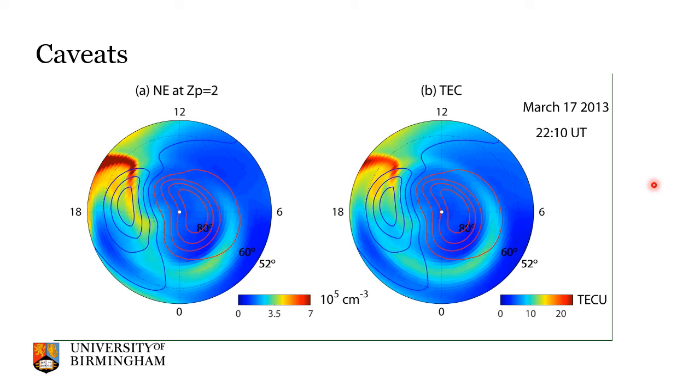The plasma can move at velocities as fast as 3 or 4 kilometers per second, depending on the intensity of the event. And as such, this can draw plasma into the polar cap and cause mixing and create a bunch of small-scale structures that we can't really capture with these mostly climatological empirical models.